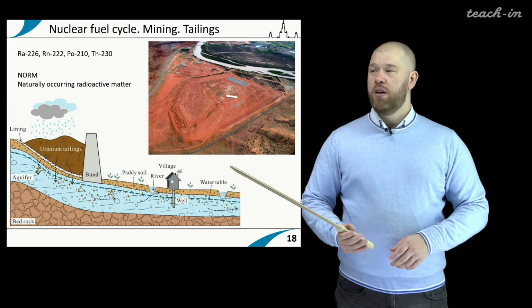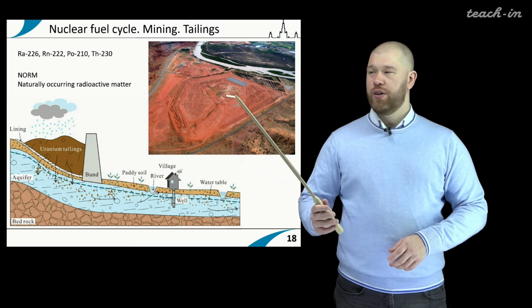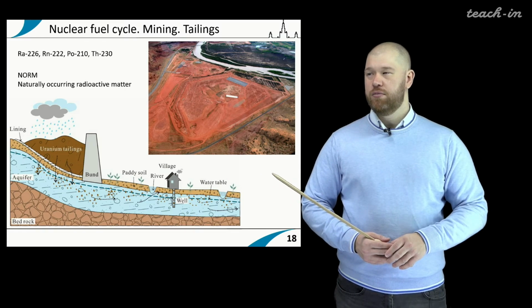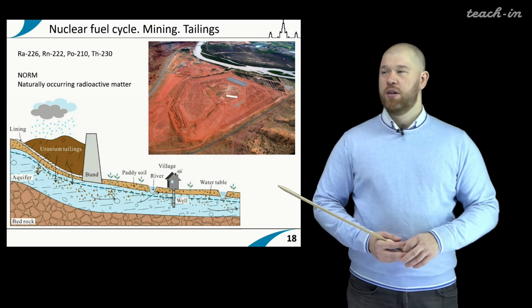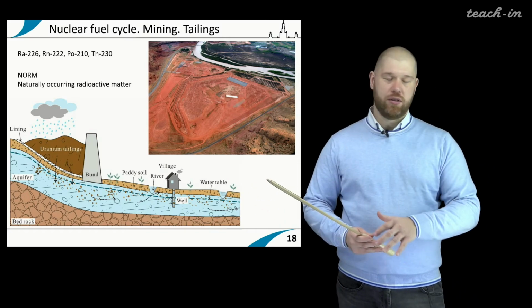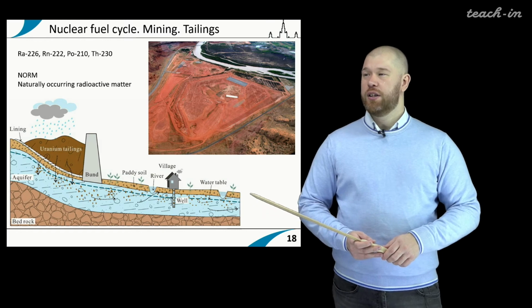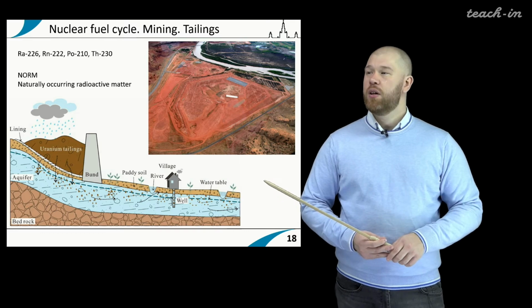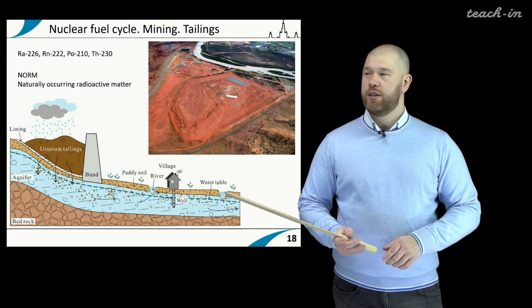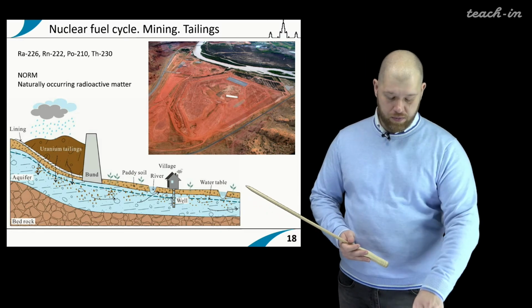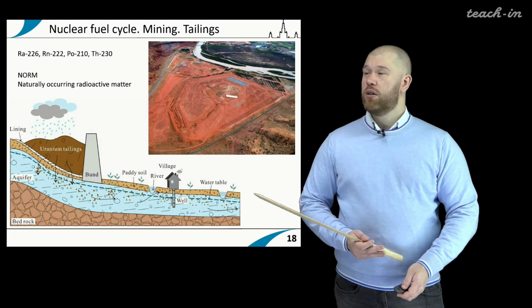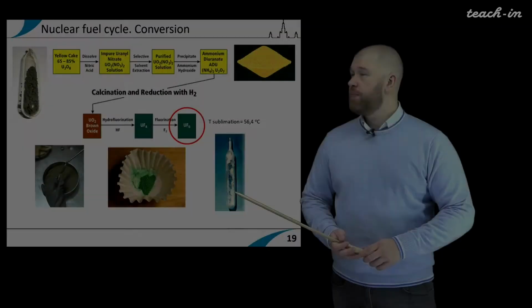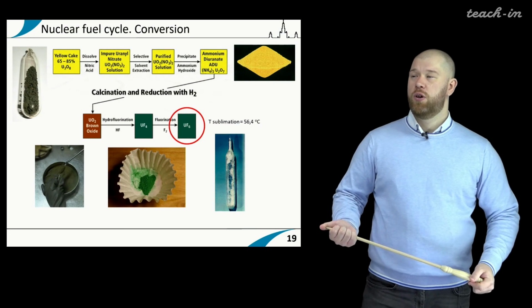For example, the average dose rate in this region is dozens of times more than in the surrounding areas. So due to the content of radium, due to the release of radon gas, these tailings are dangerous for the neighborhoods.